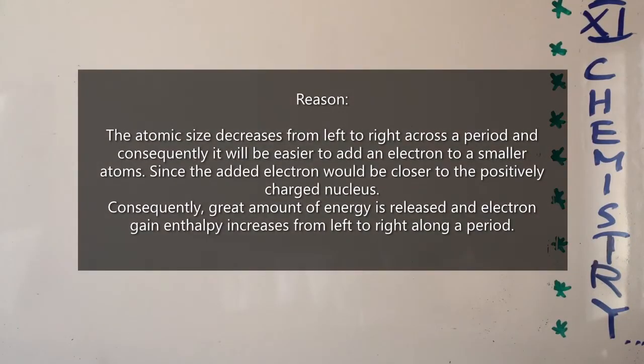Reason: the atomic size decreases from left to right across a period, and consequently it is easier to add an electron to smaller atoms, since the added electron would be closer to the positively charged nucleus. Consequently, a greater amount of energy is released and electron gain enthalpy increases from left to right along a period.